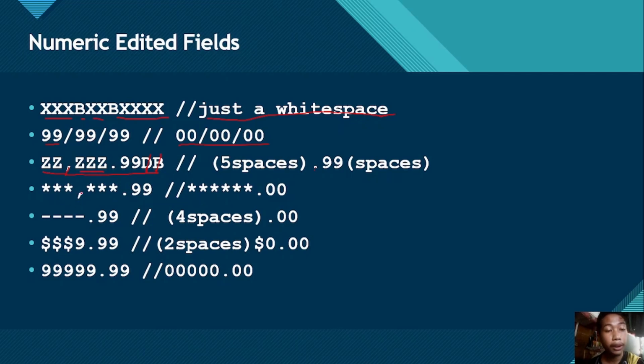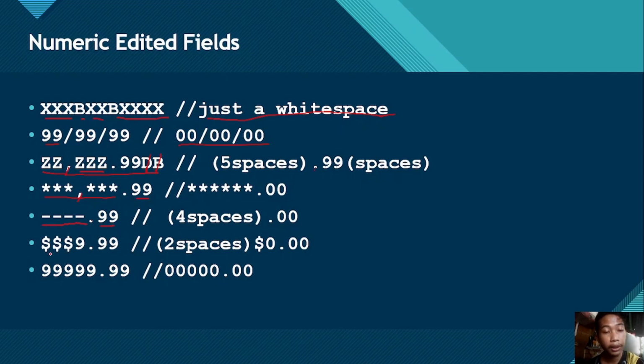In here, it ignores the comma and combines the 6 asterisk, then dash, then digits. And next is it will just compile to 4 spaces and then dash, decimal, and then the 2 digits.